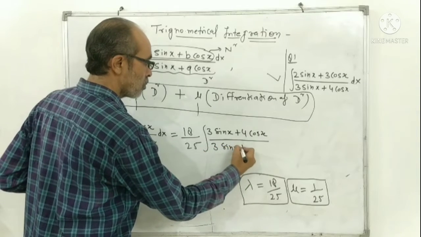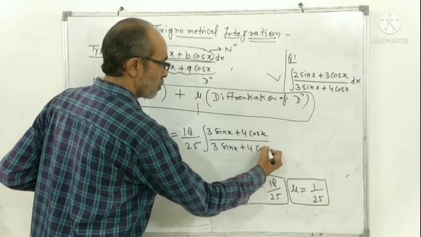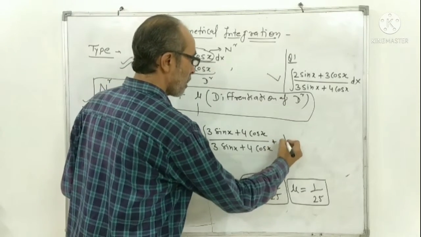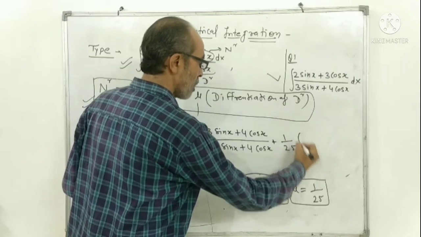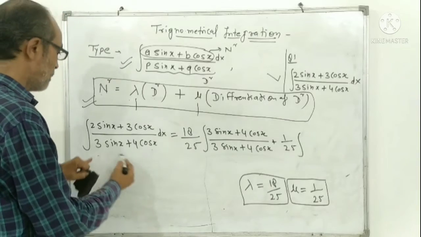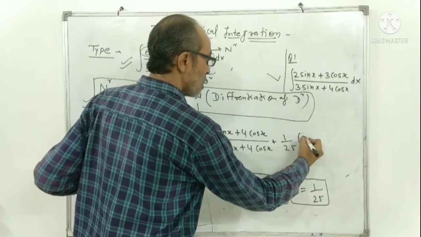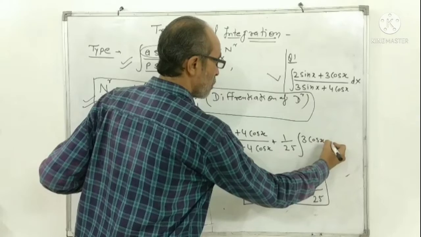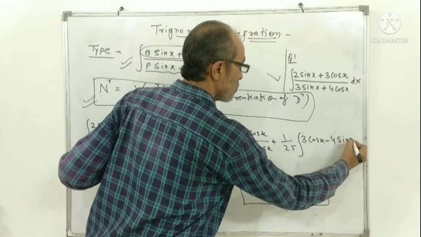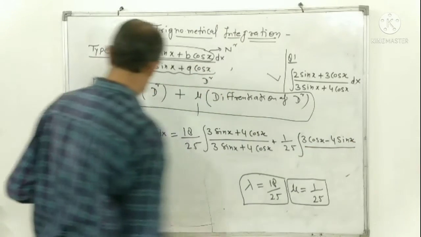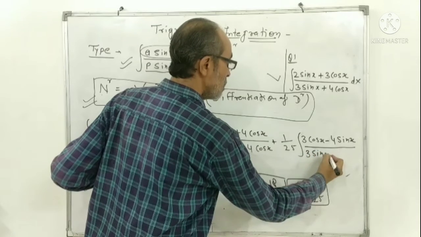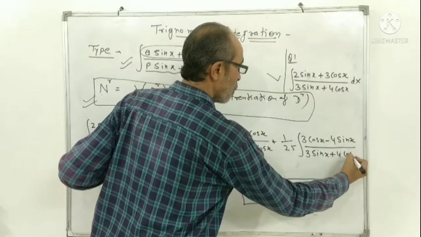3 sin x plus 4 cos x, and the value of mu is 1 divided by 25, times the integral of the differentiation of the denominator, and the derivative of the denominator is 3 cos x minus 4 times sin x divided by 3 sin x plus 4 cos x.